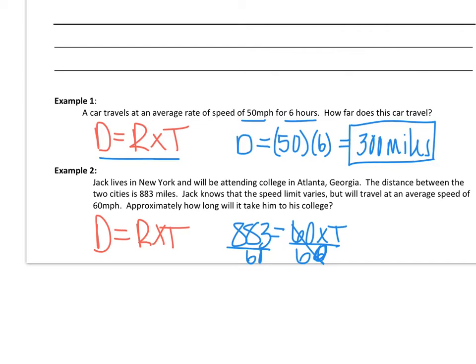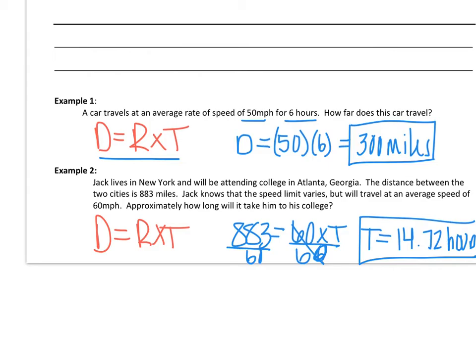And that will leave us with time equals 883 divided by 60. Let me get a calculator ready. 883 divided by 60 equals 14.72. So that's 14.72 hours. And that would be the answer to that question.